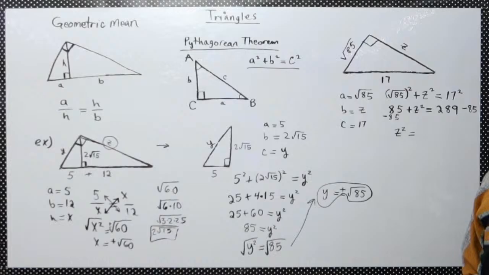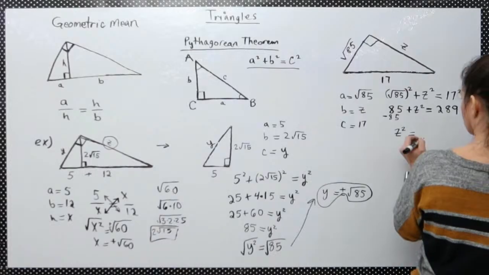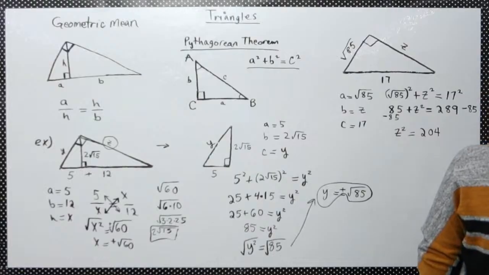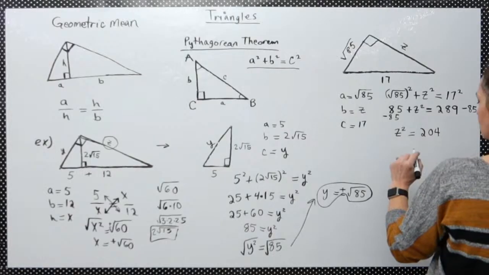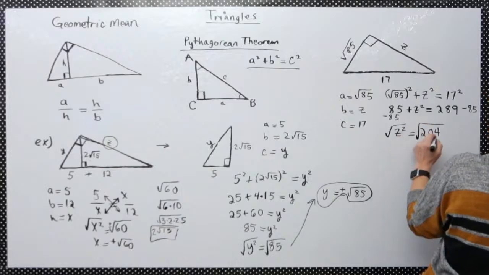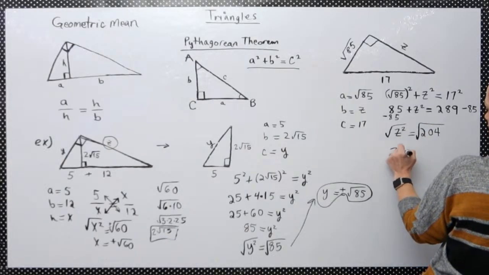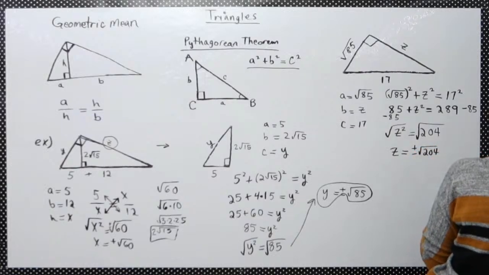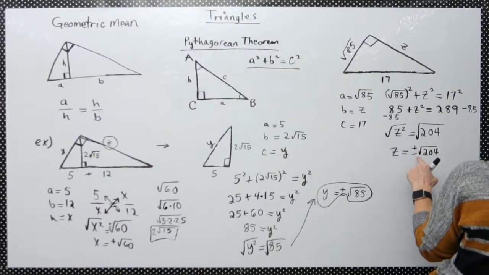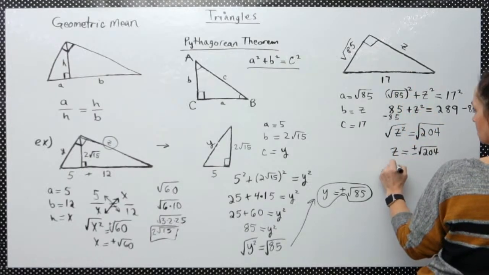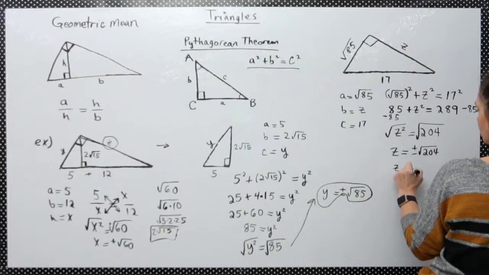And I'm getting 204. So to solve for Z, I'll have to take the square root of both sides. Again, positive and negative square root of 204. And then I'm going to ignore that negative because I'm talking about a distance, and you can't have negative distance.